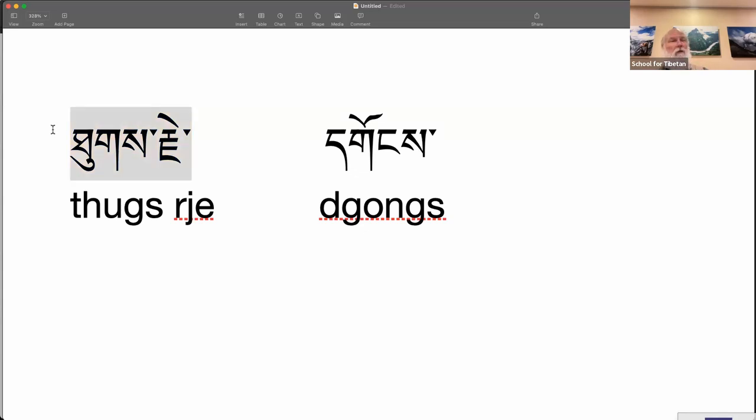By the way, Tug is also meaning heart in a way. Why? Because the mind is represented as living in the heart, the center of the person.